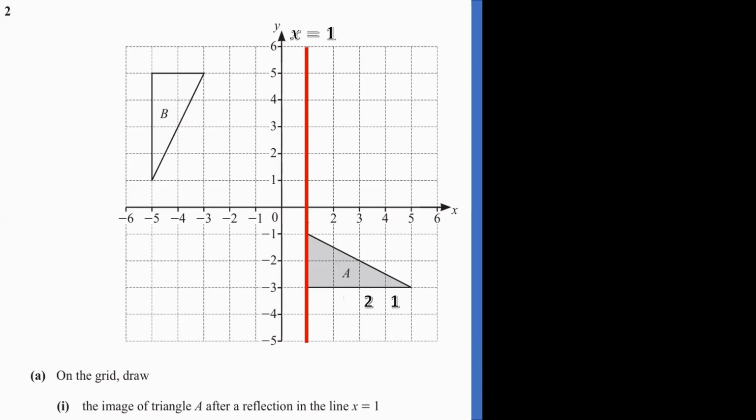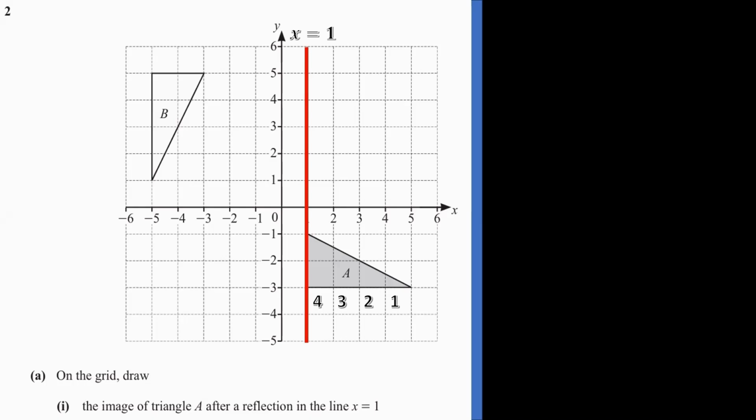Okay, now we are going to look at the object, that's triangle A. The distance of one of the vertices of this triangle, the vertex that is not attached to the red line, to the red line is 4 boxes.